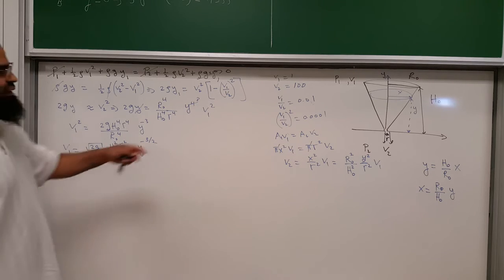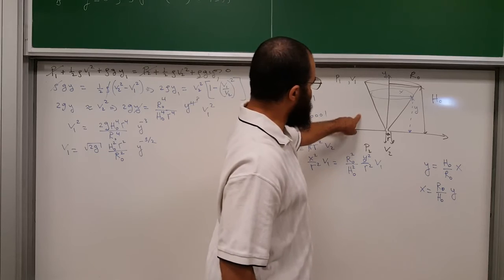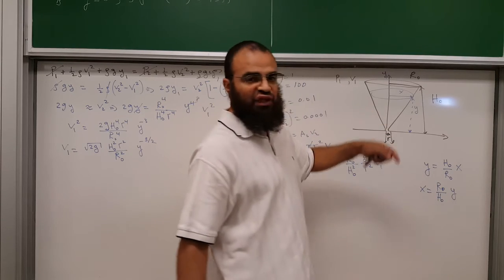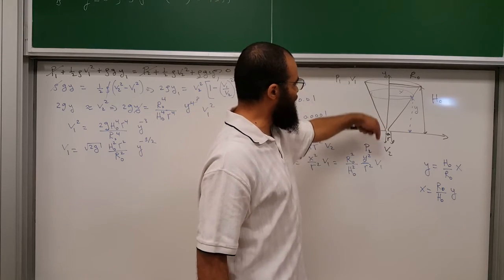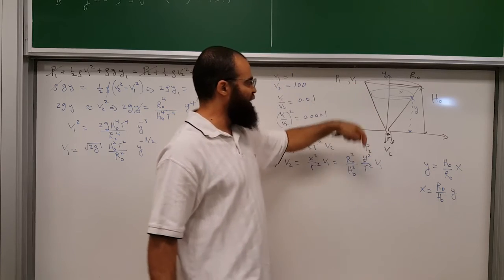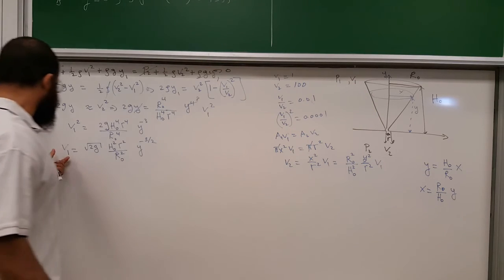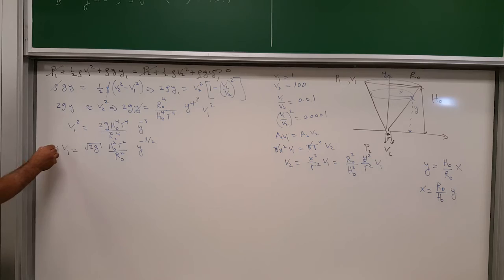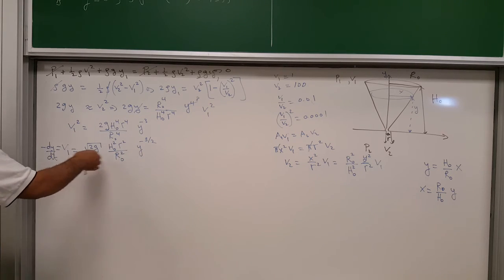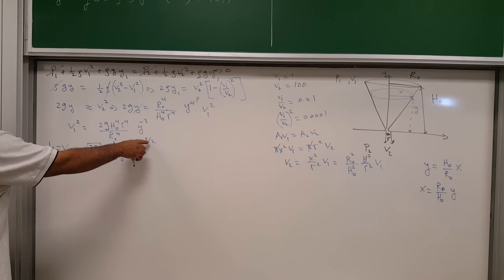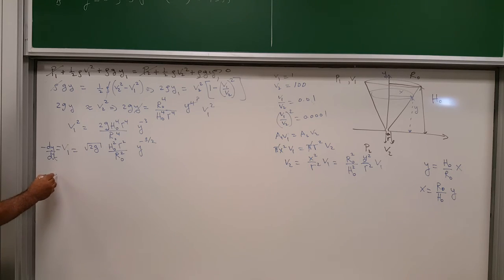But what's v1? v1 is this way, and so v1 is negative dy dt, right? Y is shrinking, so v will be the negative of that. So this is negative dy dt. So I'm going to multiply both sides by y to the 3/2, so I get this.